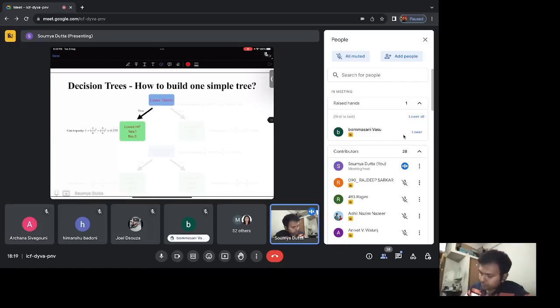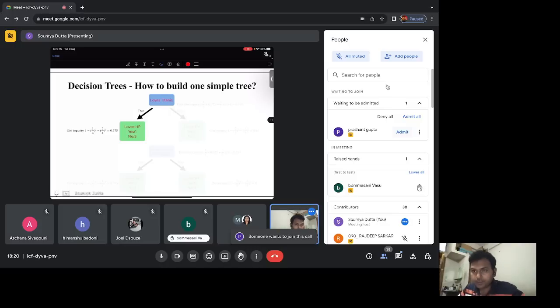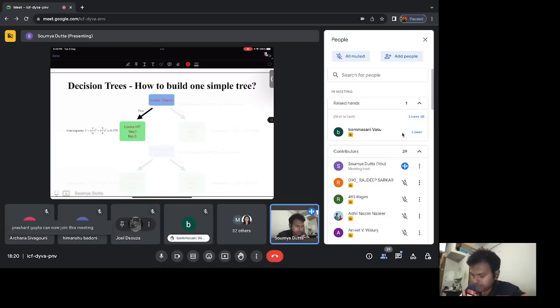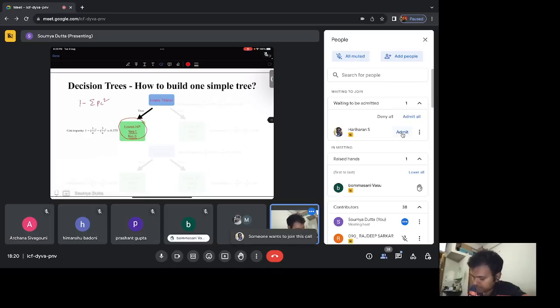If you look at my previous slides, you would understand that when we are building the tree and splitting on the basis of loves Titanic, then on the left part we have 1 yes and 3 no, and by the formula of 1 minus sigma pc square, c is equal to 2 because we have yes and no only.